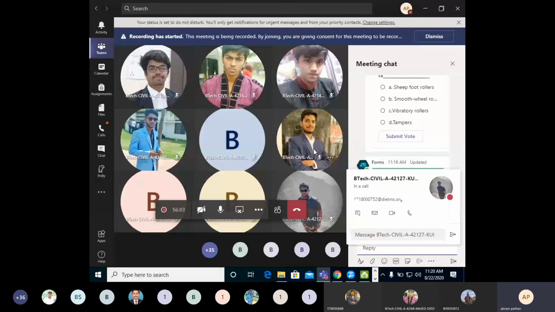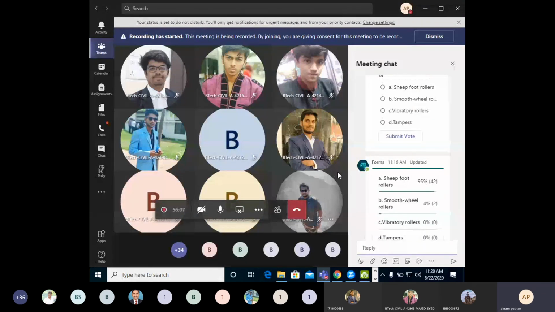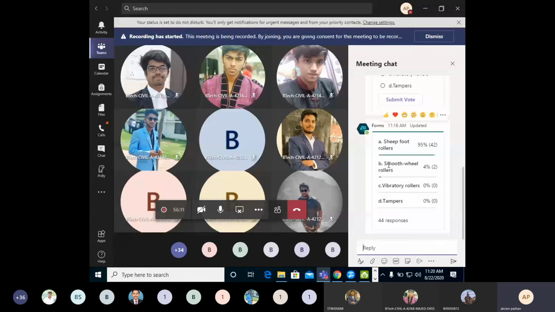I appreciate these two students who gave the answer for cohesive soil. And also the first important equipment, 95% say sheep foot roller. So if you see the sheep foot roller, how can you select this particular equipment here?